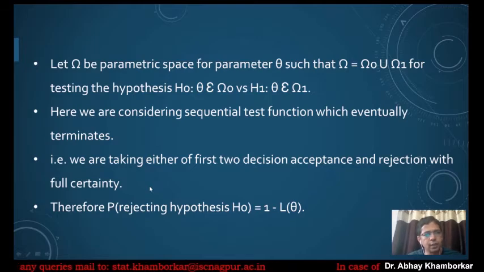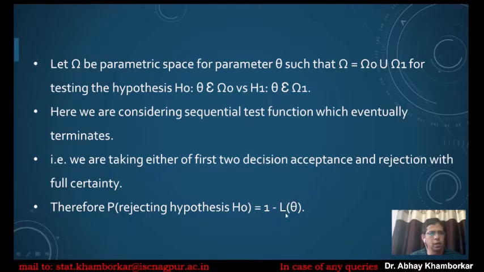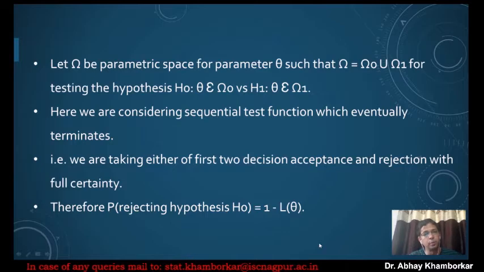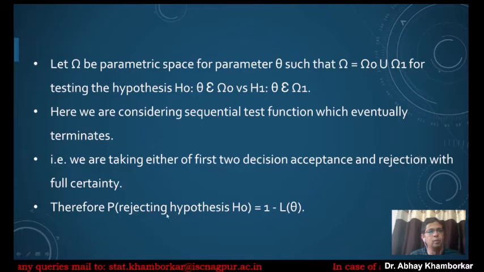Therefore, the probability of rejecting the hypothesis H naught will be equal to 1 minus L of theta, because we have considered L of theta as the probability that the process will terminate with the acceptance of the hypothesis. So if I am talking about rejection of the hypothesis, of course the process is going to terminate, but now I am talking about rejecting the hypothesis H naught, then that will be denoted by 1 minus L of theta, where L of theta is nothing but the OC function which denotes the probability of accepting the hypothesis, and therefore 1 minus L of theta is nothing but the probability of rejecting the hypothesis H naught.